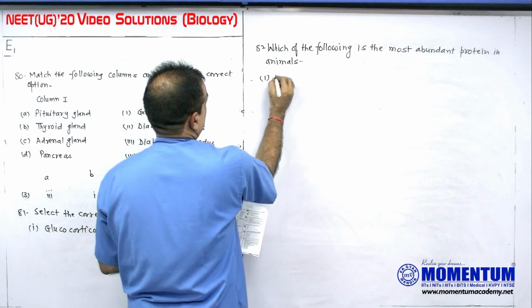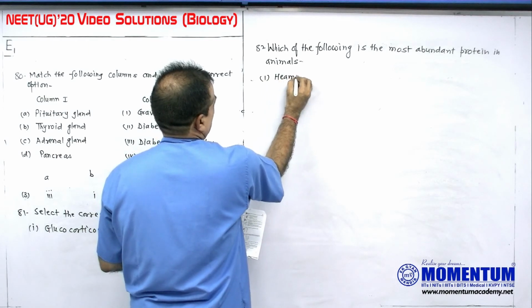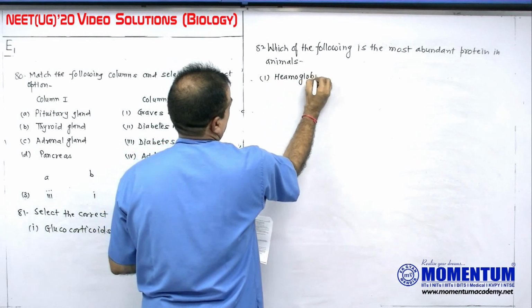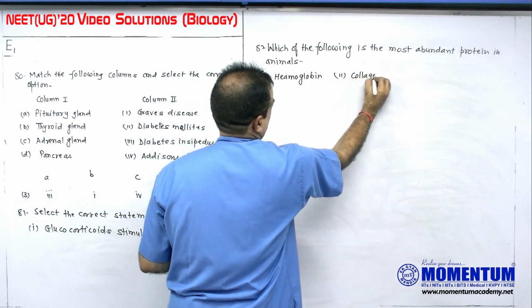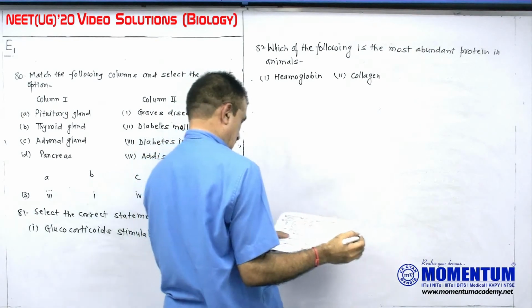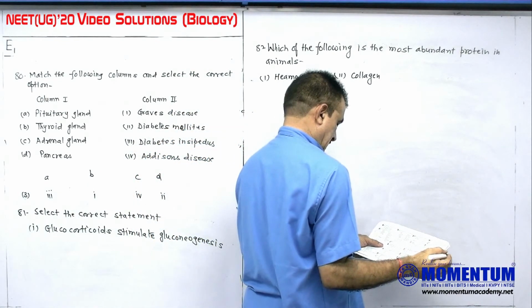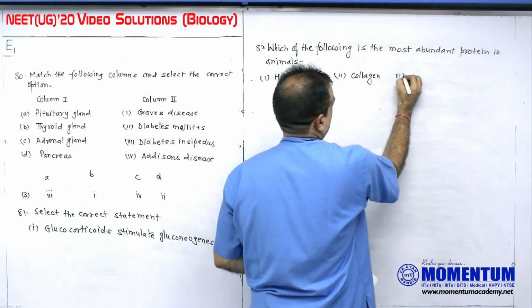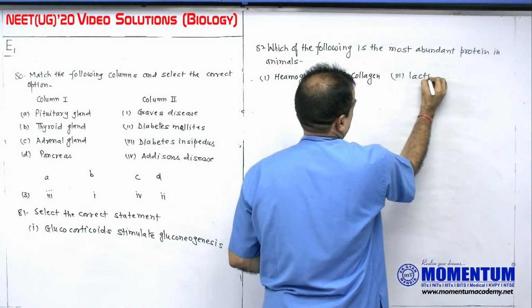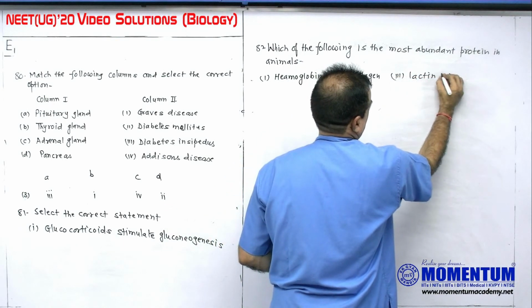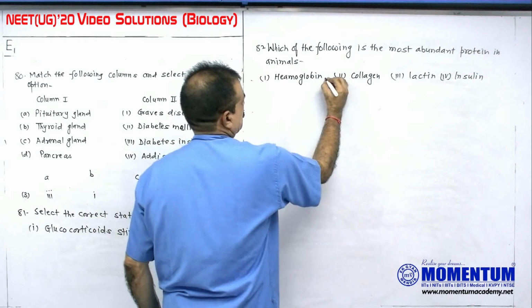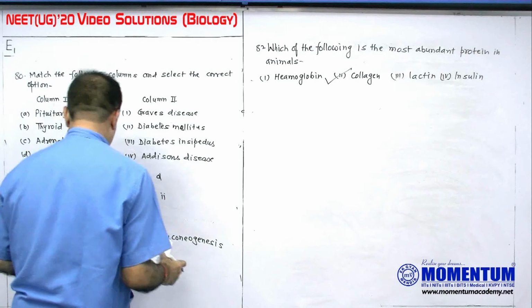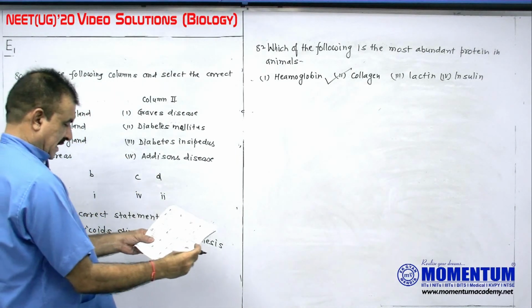Hemoglobin, collagen, lectin and insulin. Definitely, in the chapter of tissue you are taught collagen is the most abundant protein.